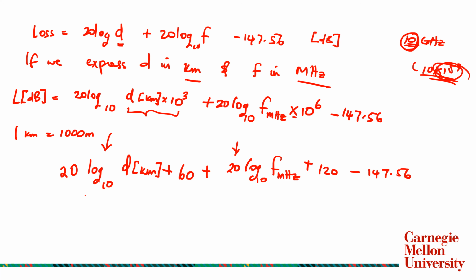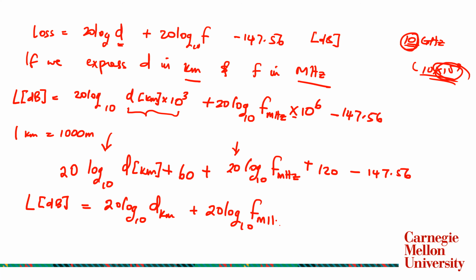So if we want to express our distance in kilometers and frequency in megahertz, then our loss in dB, the equation actually changes to 20 log 10 of D in kilometers plus 20 log 10 of F in megahertz plus 32.